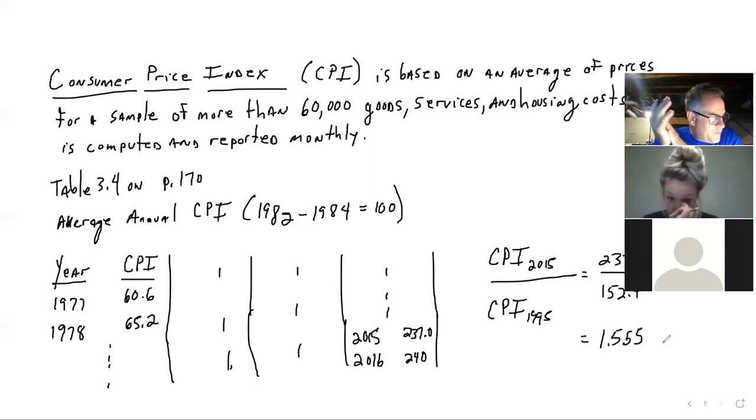So if I bought an item that cost me $1,000 in 1995, it's going to cost me $1,555 in 2015. Does that make sense? You don't have to worry about where these index numbers come from. You just have to be able to use them, and you don't have to memorize them. You'll be given these tables when you work problems.